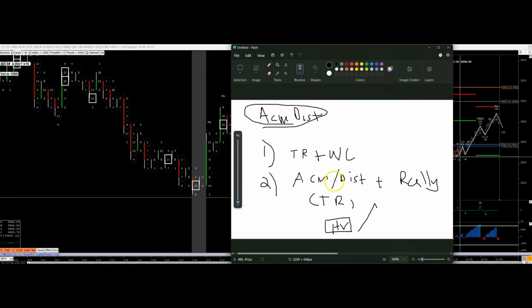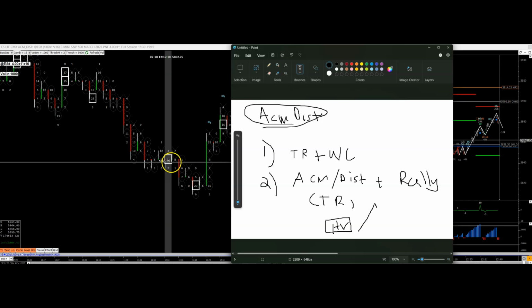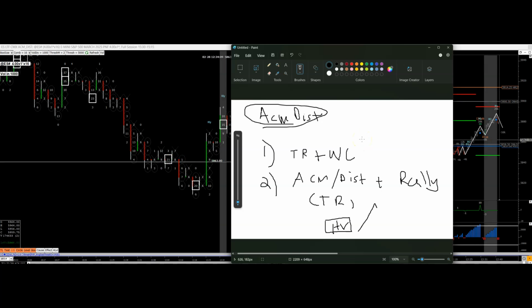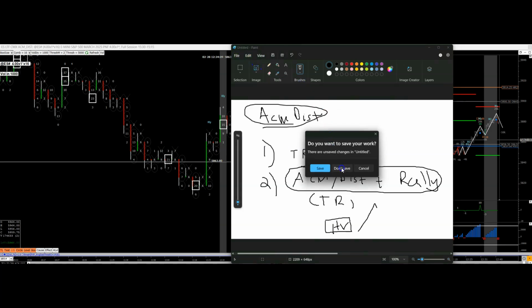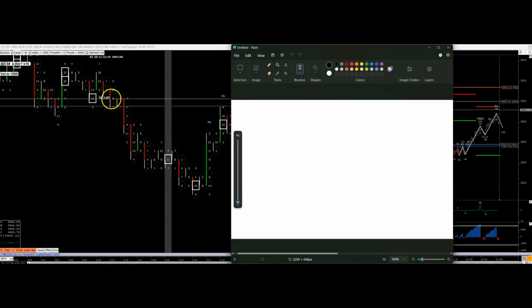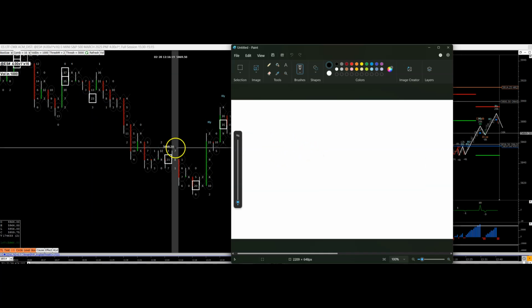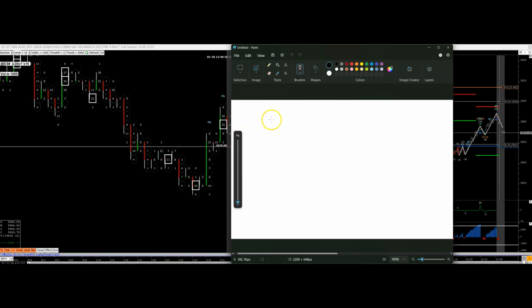So that doesn't mean every box is high volume or is accumulation and distribution. But when we see this together, that's a different story. Okay? All right. So these are the two things. Now, on the tape reading chart, I'm highlighting the boxes with high volume.